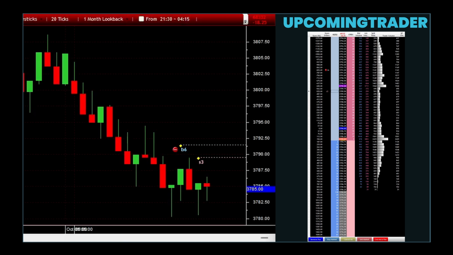Additionally, if this pattern formation occurs near a key Fibonacci retracement level, the trader has multiple layers of technical indicators suggesting a strong continuation of the bearish trend. In such cases, traders might consider initiating a short position to capitalize on the anticipated downward movement, setting stop-loss orders just above the pattern's high to manage risk.